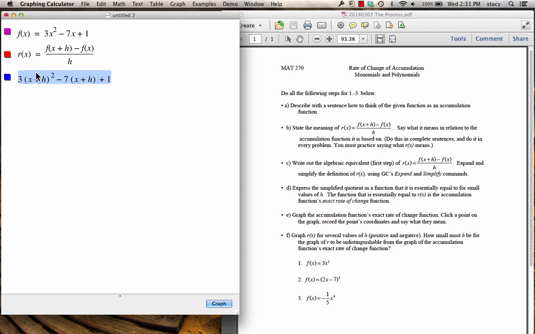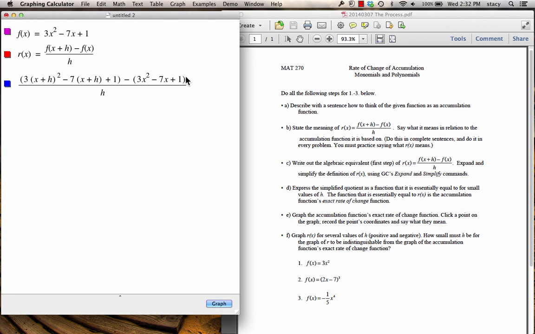So this whole thing is f of x plus h, and then I'm going to subtract f of x, which is 3x squared minus 7x plus 1, and then I want to divide that whole thing by h.